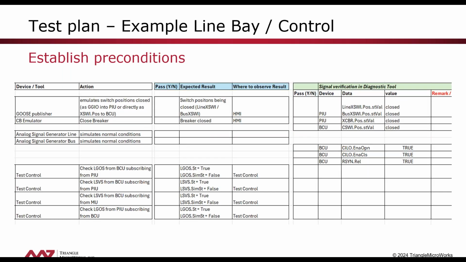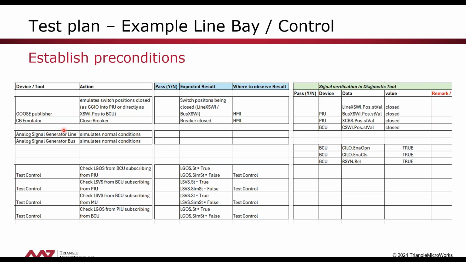The next step was to establish the preconditions. As an example here, for the control and interlocking, we needed to have switch positions that we could simulate in order to stimulate blocking conditions from the interlocking. We needed to be sure that, as a starting point, the breaker was closed.